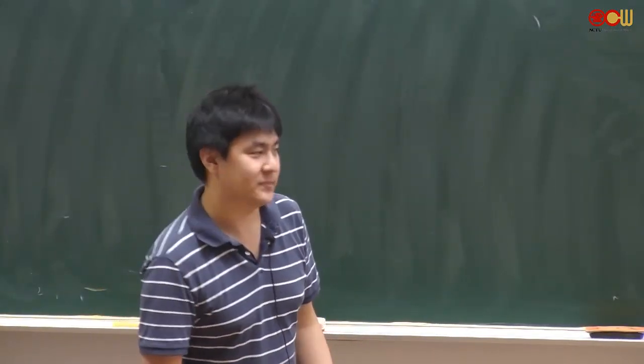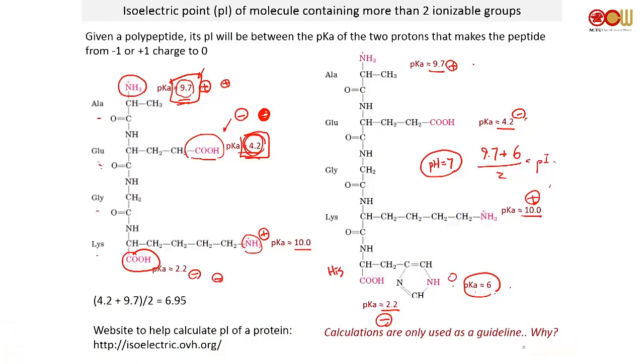Why is that? Because even though here I say the pKa is 4.2, this 4.2 I actually got from the free glutamate. In reality, when you have a protein that's 300 or 400 residues, it's really big. So all of the surroundings matter. When the protein is folded, you might have another positive charge right next to this positive charge, and that's going to lower the pKa.